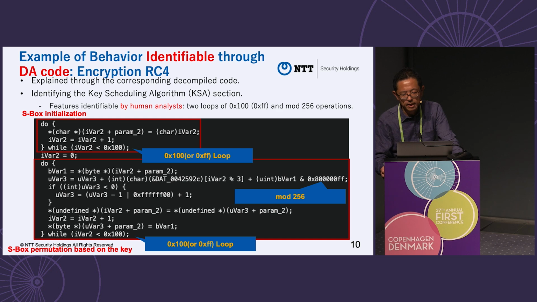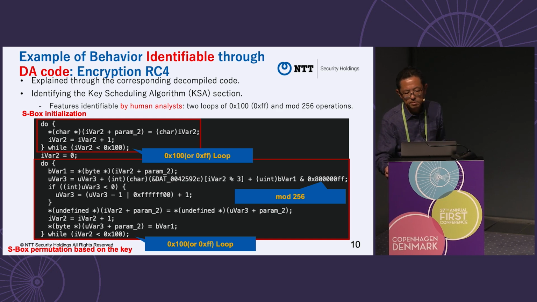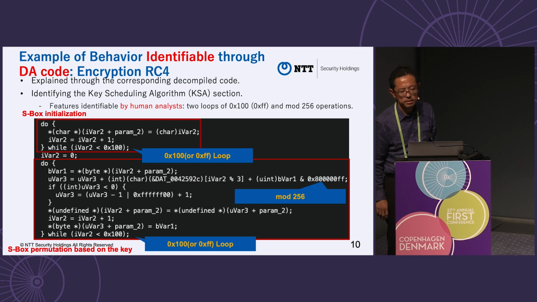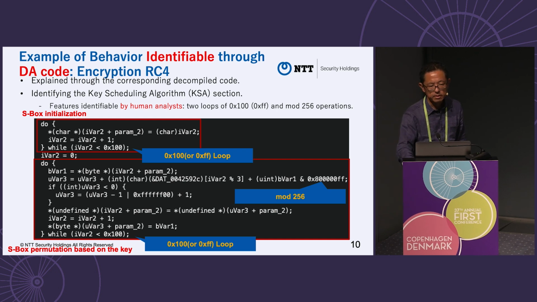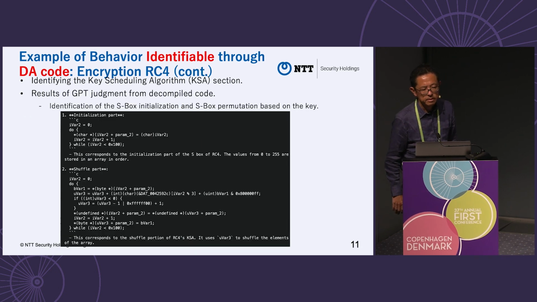Actually, KSA has S-box initialization and S-box permutation based on the key. Also, there are two 0x100 loops and mod 256 operations.